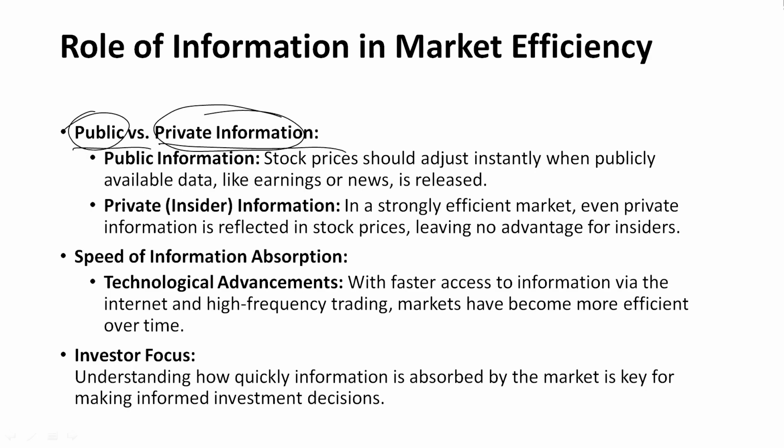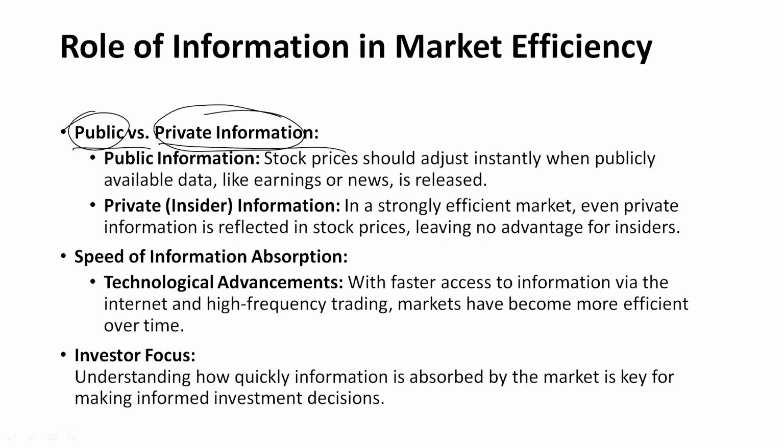With public information, the stock prices adjust immediately because it's available in the public domain. Everyone will read those news articles and has access to this information. So what will happen? The prices of the stock are adjusted immediately. Okay.